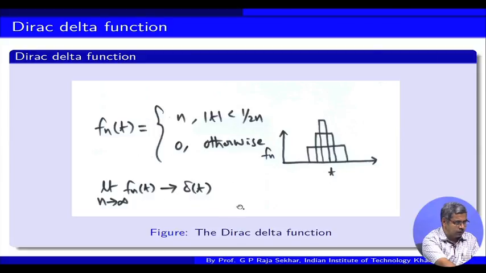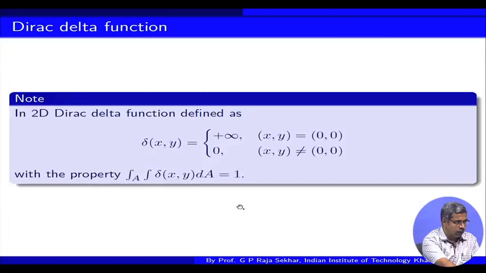The definition of 1D that we have given can be extended to 2D. At a point in R2, it is 0 if the point is non-zero, and if it is 0 there, then it blows up, and again the total area remains unity.